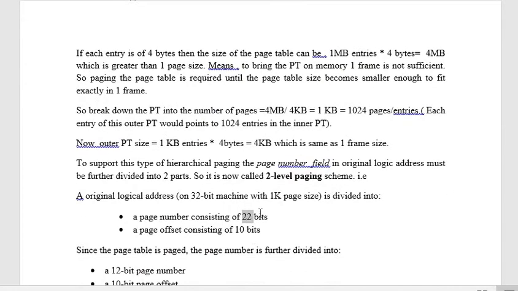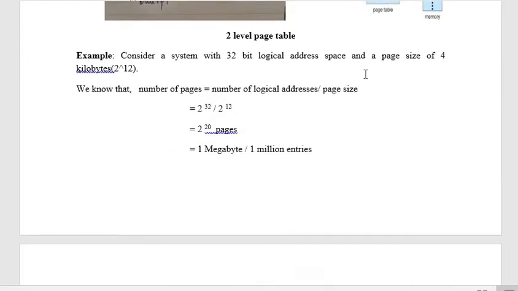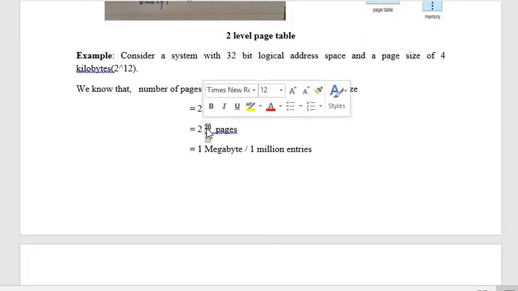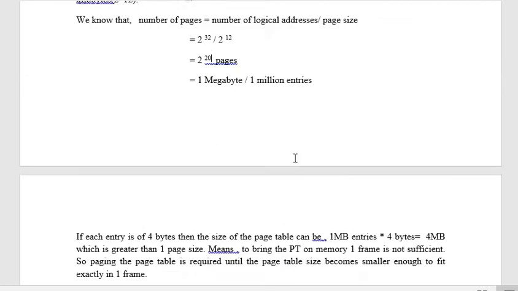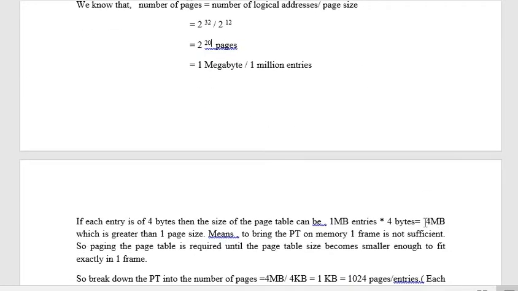All this theory, why it is 22 bits and why it is 10 bits, has been discussed in the previous video, so please refer to that. With the original logical addresses, if you have a 32-bit address space, we get 2 to the power of 20 pages, which indicates how many bits are required to represent the pages.